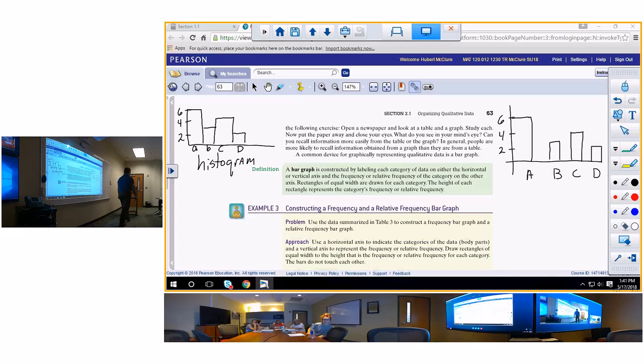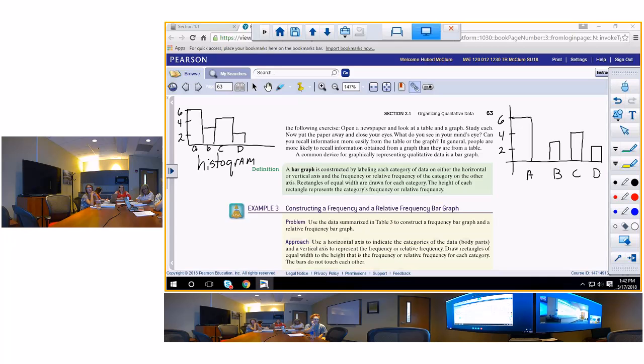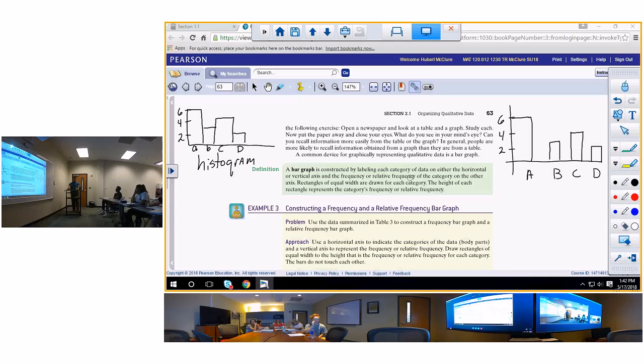So what is the big difference between a histogram and a bar chart? The boxes touch. That's it. In a bar graph, they don't touch each other.